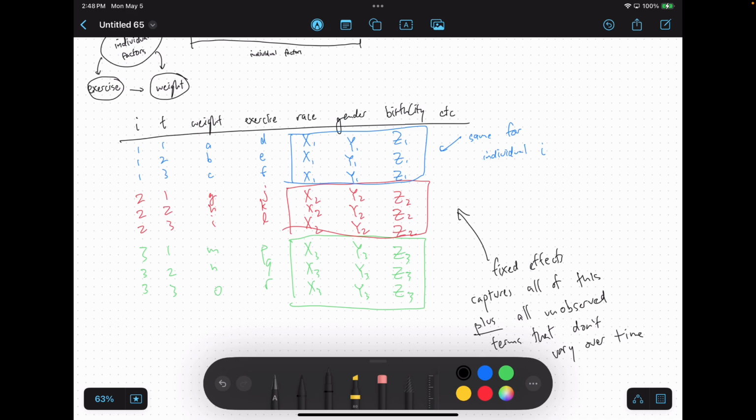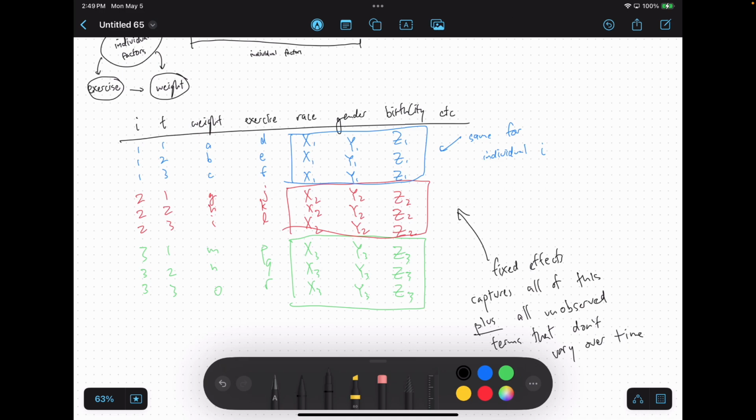It has to follow this property where the variation does not vary within the group for the subset index that you're interested in observing variation over. And so in this particular case, we're leveraging variations in time for weight and exercise.